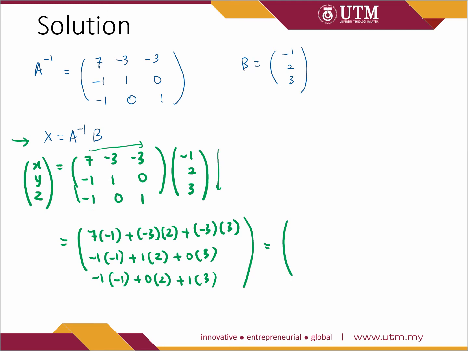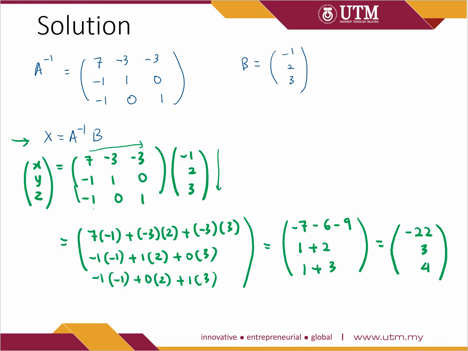where this will be equals to, and then for the second row, and the third row will be equals to -22, 3, and 4.